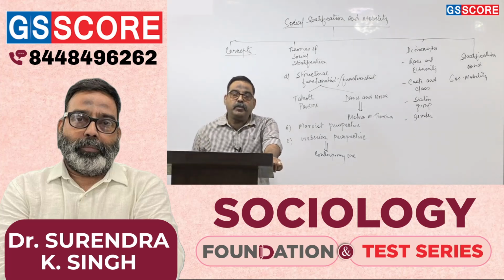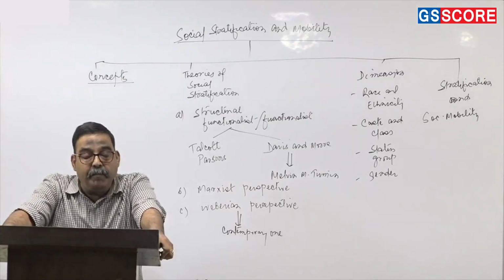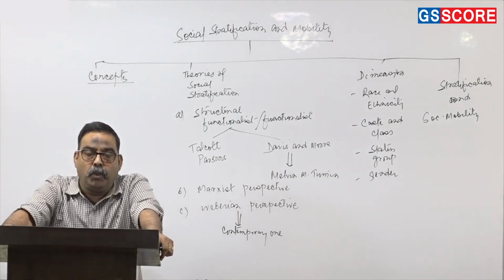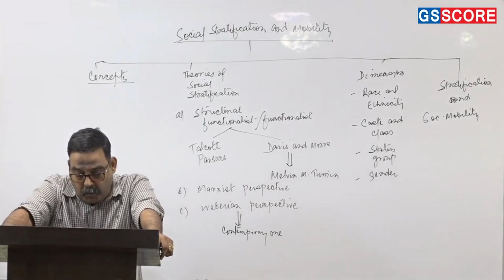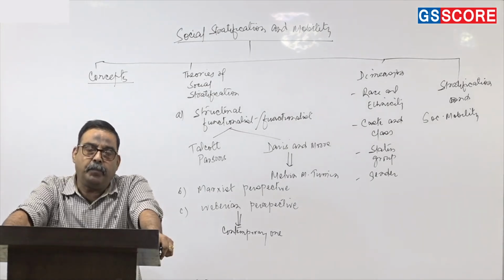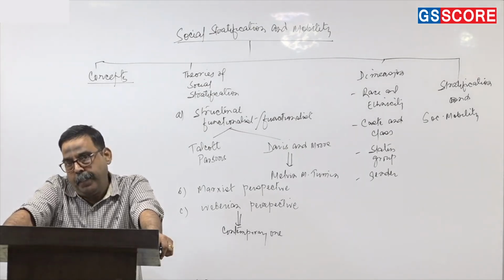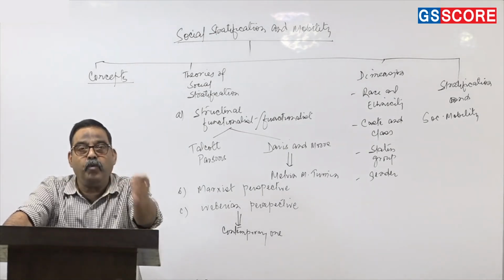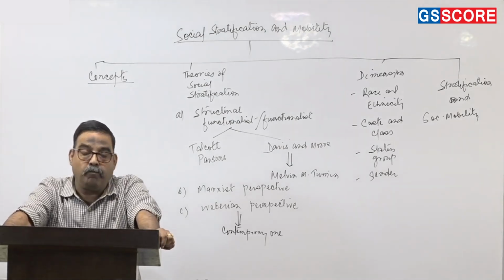You talk about it in terms of caste. There could be dimensions in Sanskritization. So the moment you are talking about mobility, you also need to talk about the perspective of mobility in the Indian context, from the orthogenetic, coming from within, and heterogenetic, coming from outside.